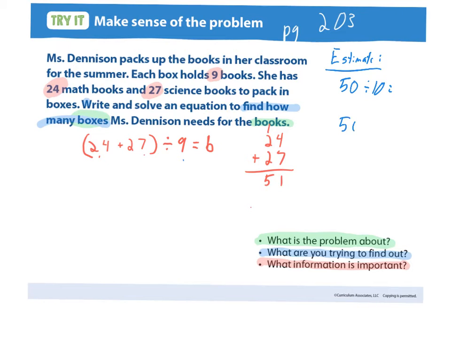So 50 is equal to 10 times something. What's that something? It's 5, right? So it's going to be about 5 boxes. That's my estimate. I think it's going to be around 5. Let's check it, see what we get.